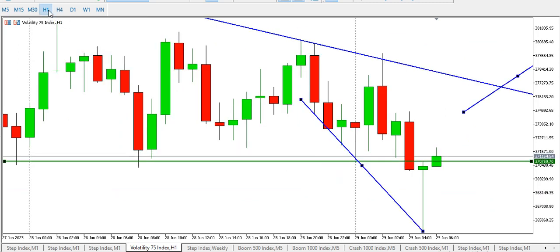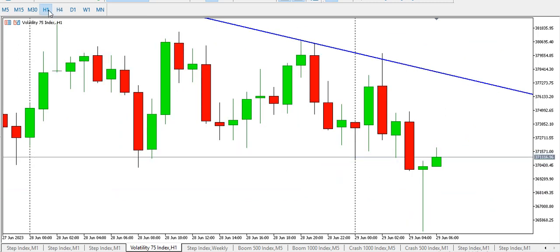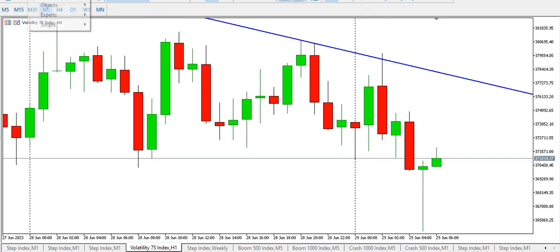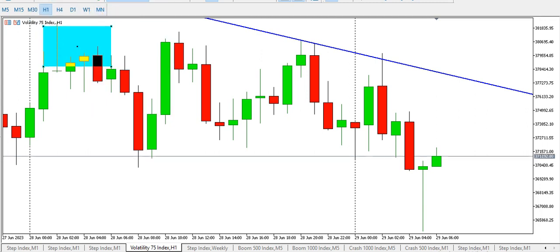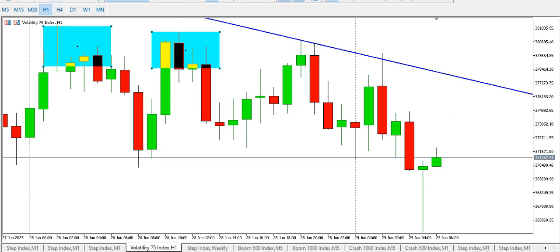On the 1-hour time frame, for V75, you can see that the sellers are stepping into the market, and we have a top around here. We have this particular top on the 1-hour time frame. We have another top, and we have this top.